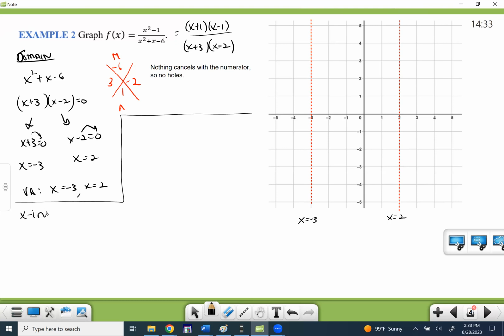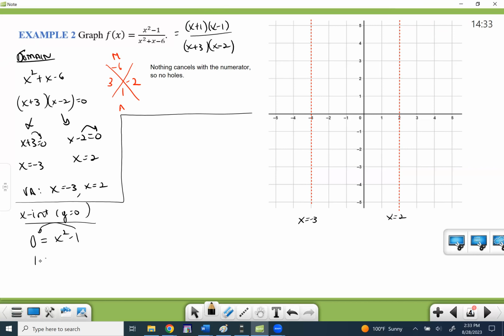So we said for x-intercepts, we let y be 0, right? So that means this part's going to be 0. And we said it's enough to just set the top equal to 0. You don't have to set the denominator equal to 0 because a fraction will be 0 when the top is 0. And there's so many ways you could have done this. You could have set the factored version equal to 0, whatever. Okay.